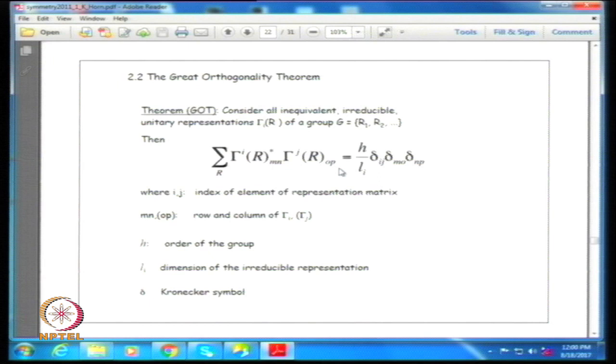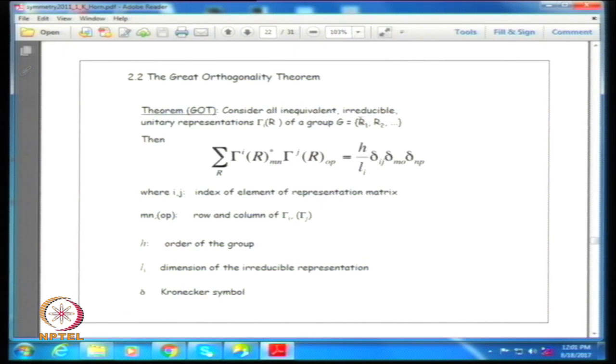Since it is stated here, in the notation of these slides, it uses capital gamma instead of D. I think physicists use D, anyway I am used to it, but that is the only difference. So, consider all inequivalent irreducible unitary representations gamma of a group, and his notation is different.